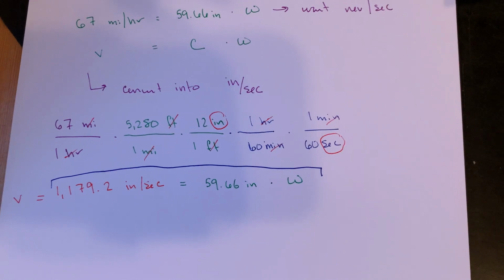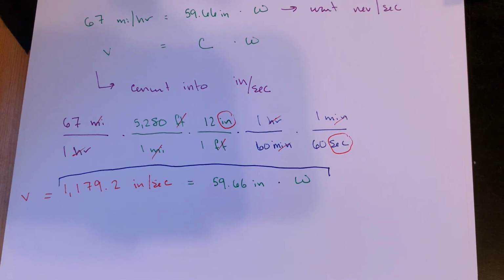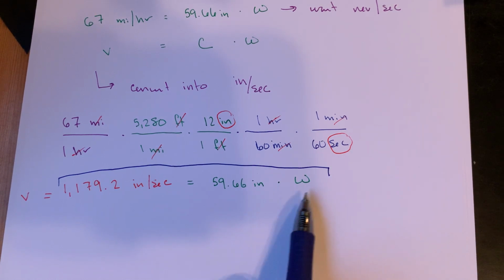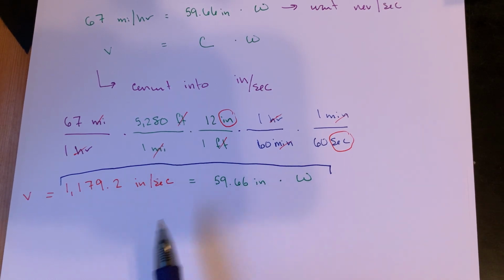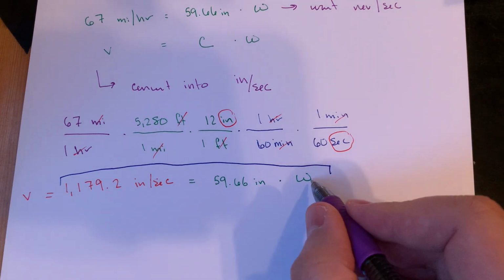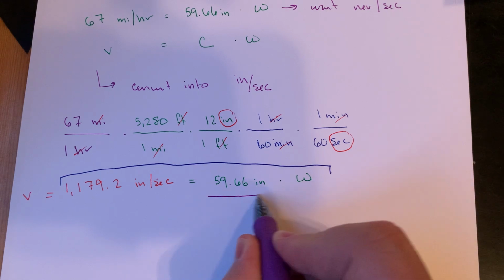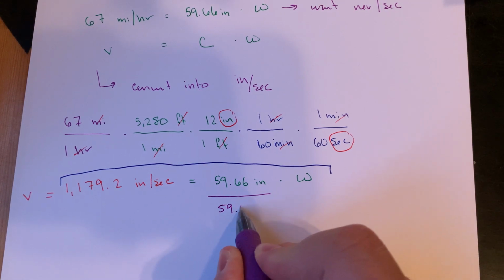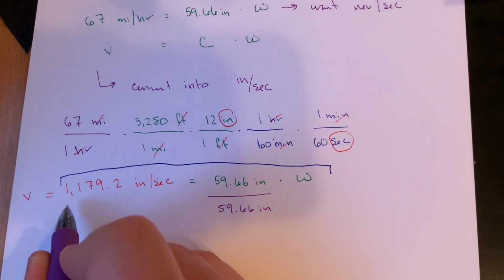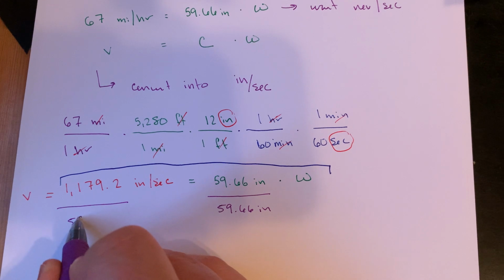That's my equation. 1179.2 inches per second equals 59.66 inches times my rotations per second, right? This is the distance in one rotation, so times however many rotations we're doing in a second would get us here. To undo this, and to solve for the omega, I'm just going to divide by my 59.66 inches. So divide that over here.